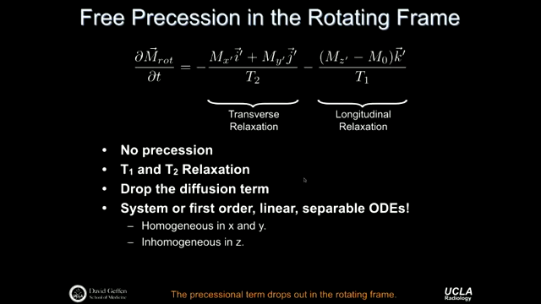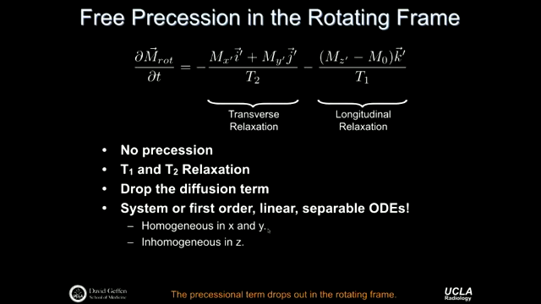And we're left with a system of first order linear separable ODEs. They're homogeneous in X and Y. I'll show you what that means in just a second. When we work with differential equations, we often have a derivative term and then a zeroth order term.